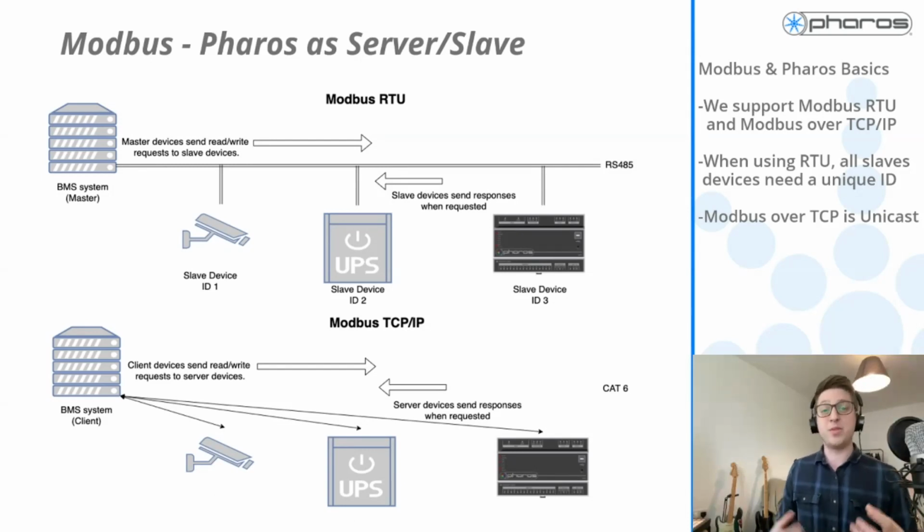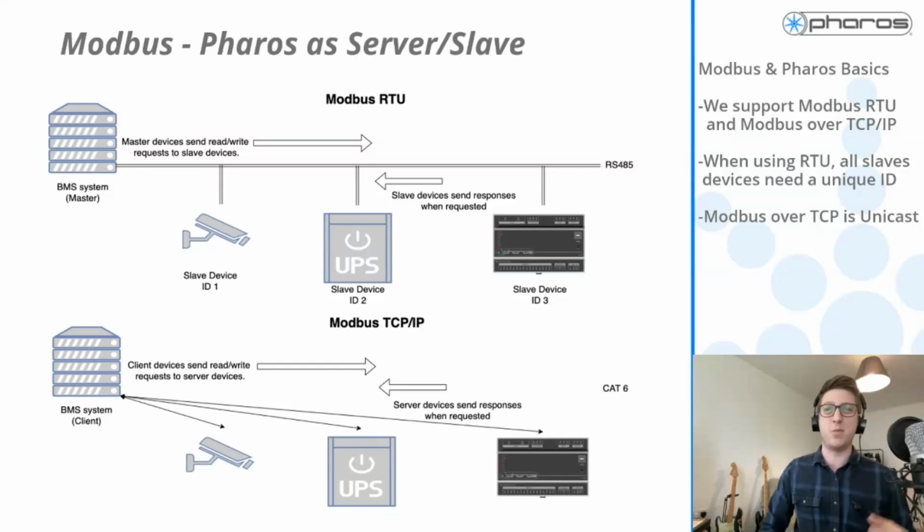So in terms of how the setup works, you have your BMS system, as I've said, the master or client device in this setup. This will send out read-write commands, to read data back from Pharos or write data to Pharos. Once it's done that, it can obtain information from us, or it can write information to us in order for us to then go off and run a routine.